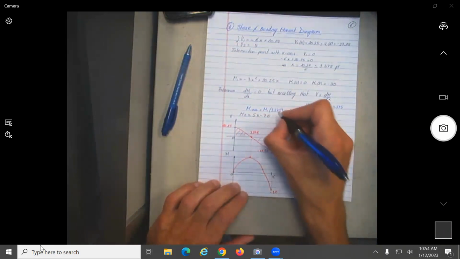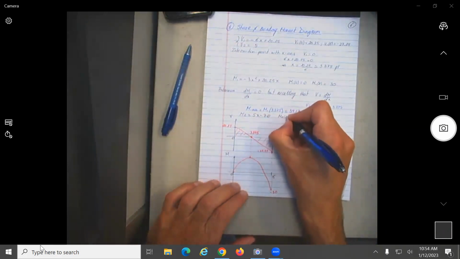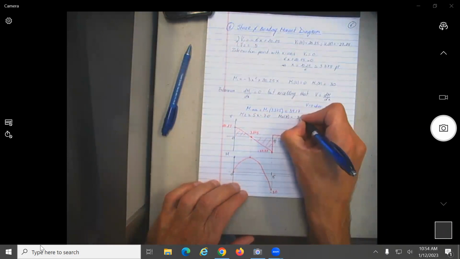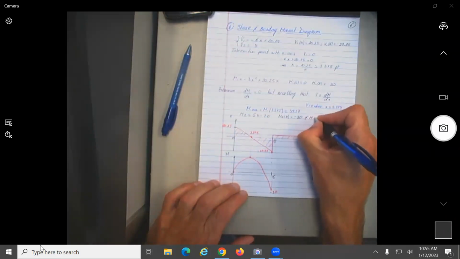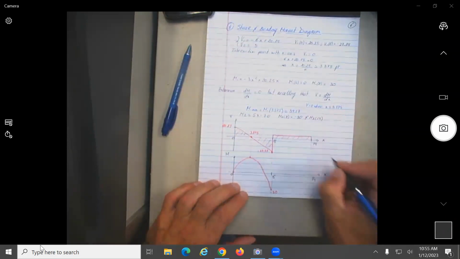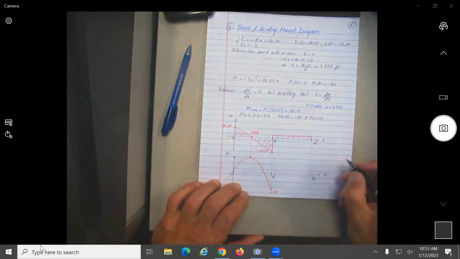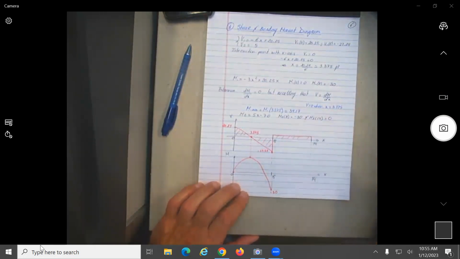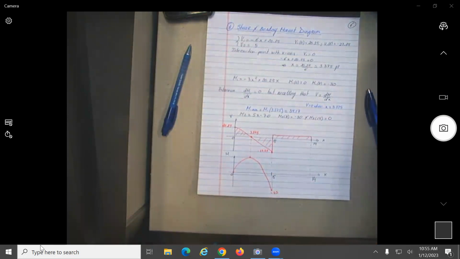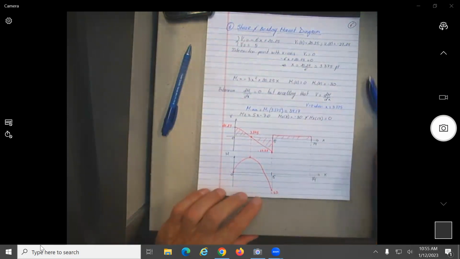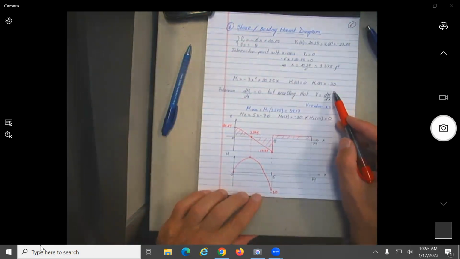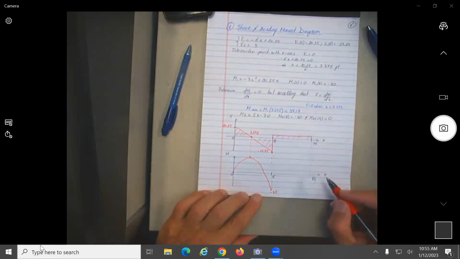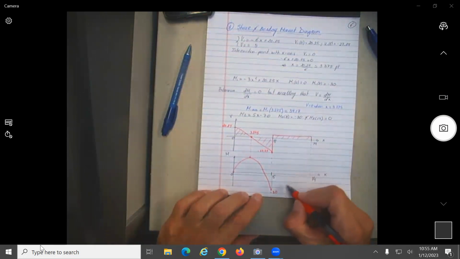And we know that M2 of 8 was equal to minus 30, and M2 of 14 equal to 0, which is what is expected, no? So let's see. We have minus 30, which is good. And we go to 0, and we know this is a straight line.